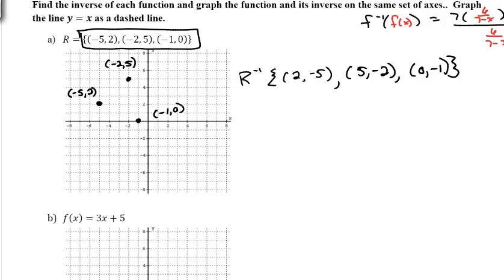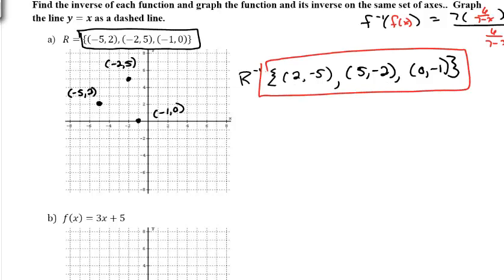And then in red, I'm going to graph our inverse function, which are these 3 points. So we have 2, negative 5. And we have 5, negative 2. And we have 0, negative 1.